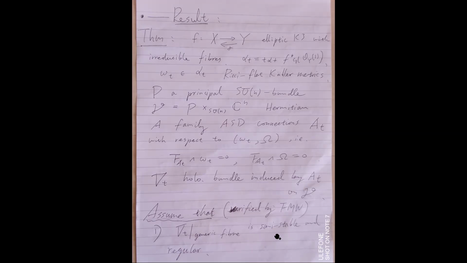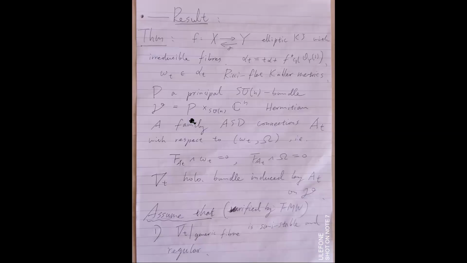Because it is stable, which is also a standard result by Friedman, this thing is actually semi-stable and regular. The regular part comes from this one being reduced, so it's quite easy to verify. I just go backward.